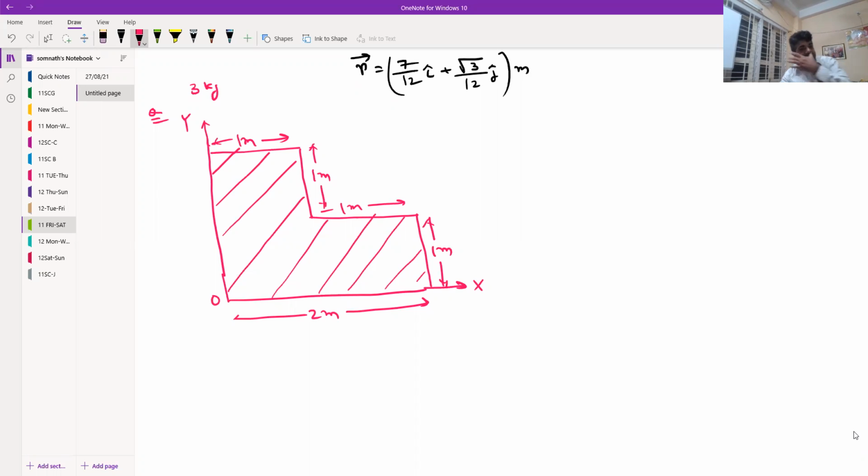Okay, mass is uniformly distributed. So question is, find the center of mass of the L-shaped lamina, whose total mass is 3 kg. Length is 2 meter, 1 meter, 1 meter, 1 meter, as shown in the figure. Find center of mass of the L-shaped lamina. Okay, try this question.